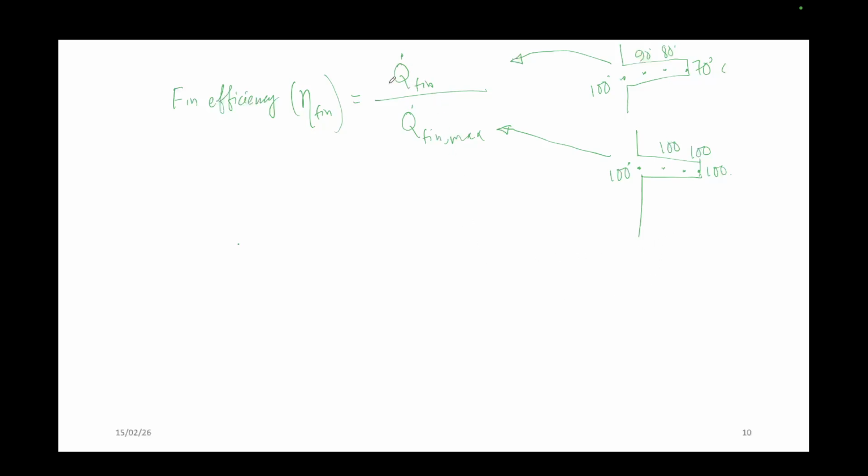Say in case I talk about an infinitely long fin, the Q fin formula, if you recall, is minus square root of h P k A c into theta b, right?